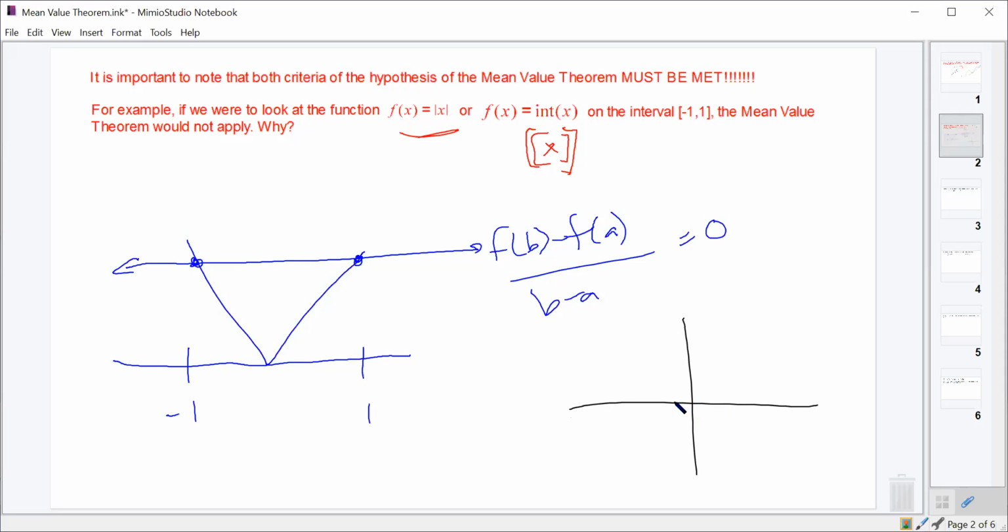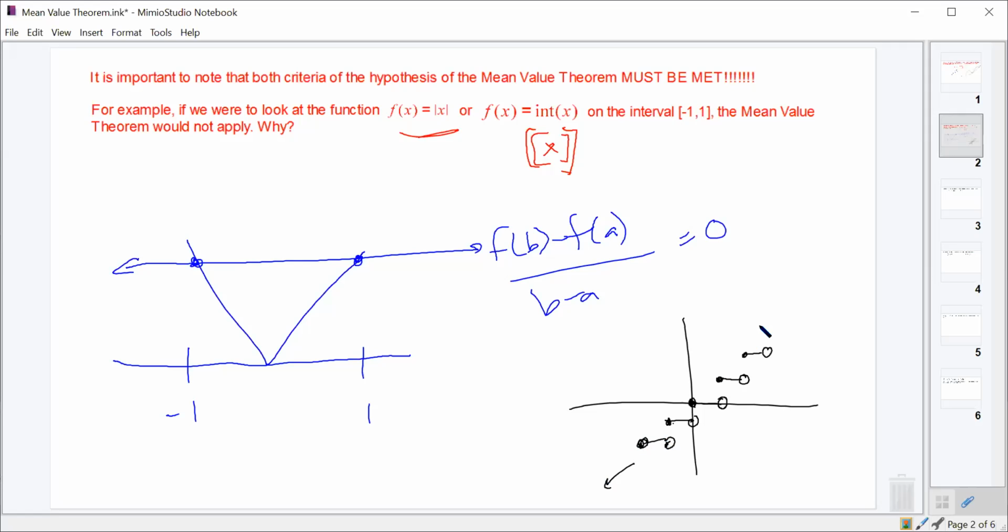Nobody knows what that function looks like? Seen a function that looks like this? Yeah. You just didn't know that it was called the greatest integer function.